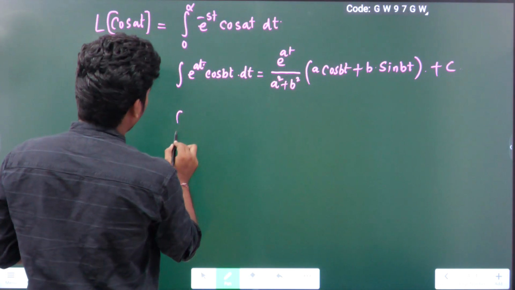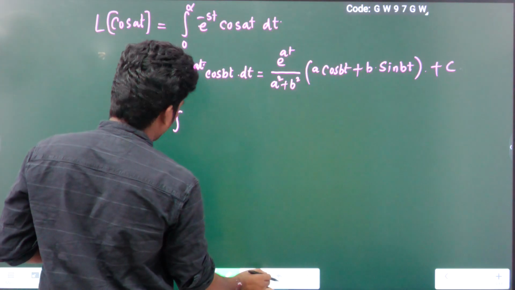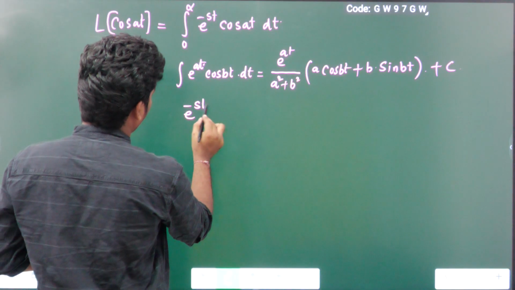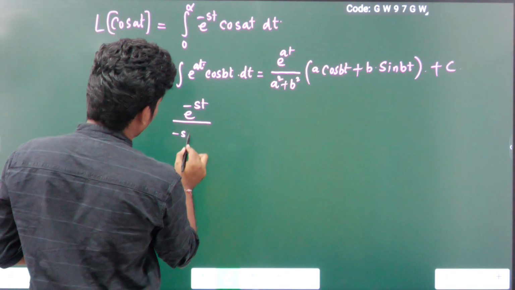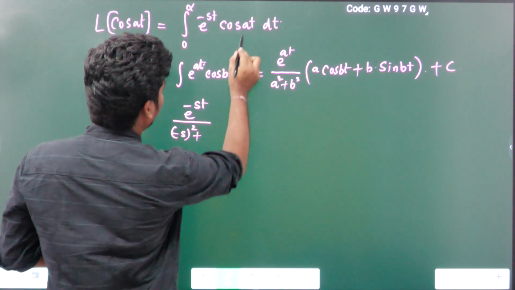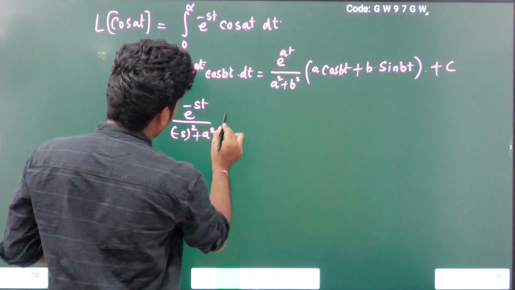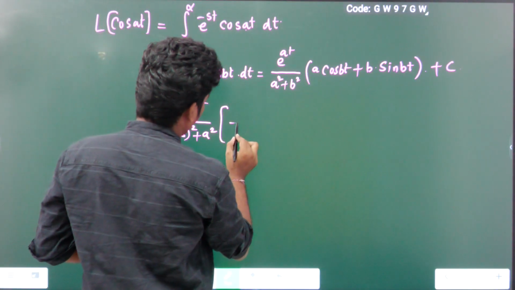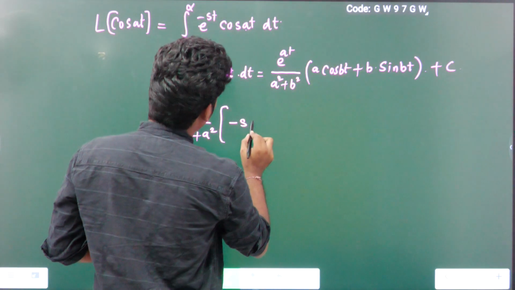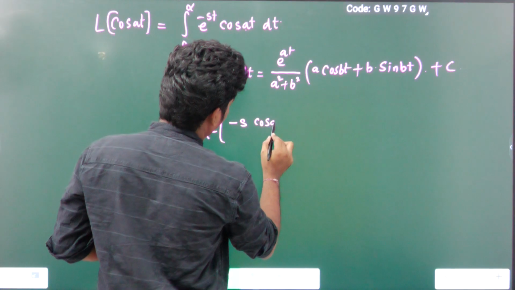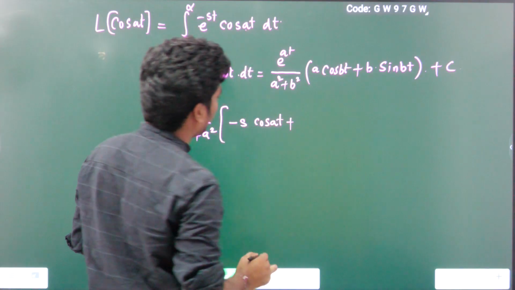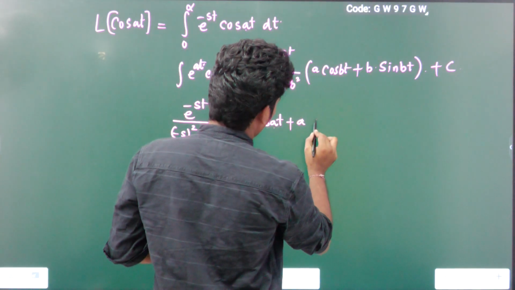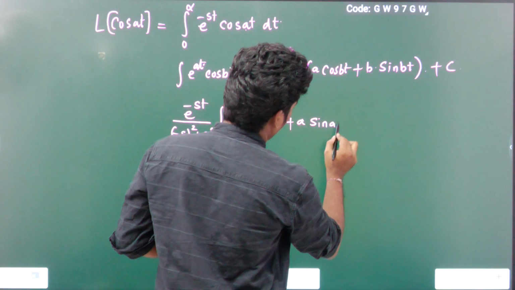Now the same formula is applied from 0 to infinity. We get e power minus st divided by minus s whole square plus a square, into minus s into cos at plus a sin at.